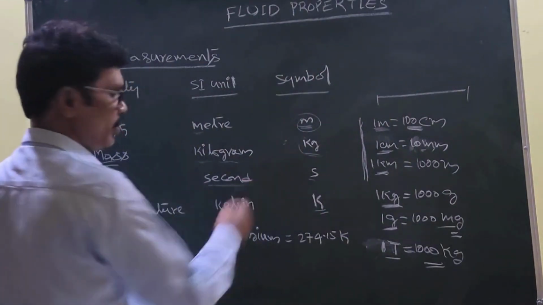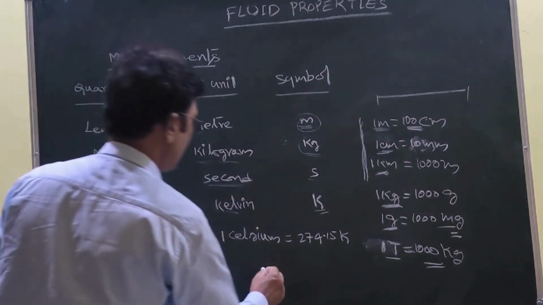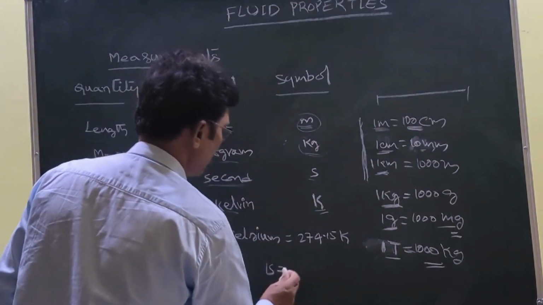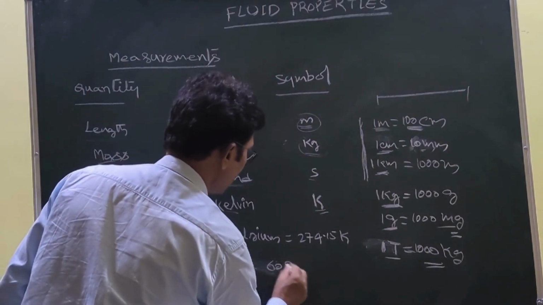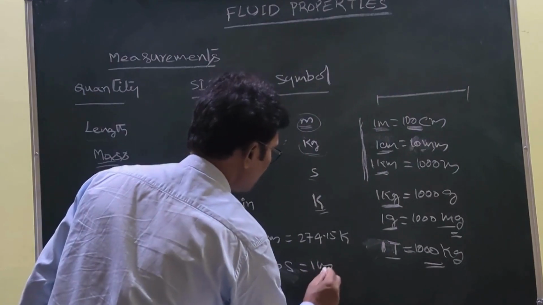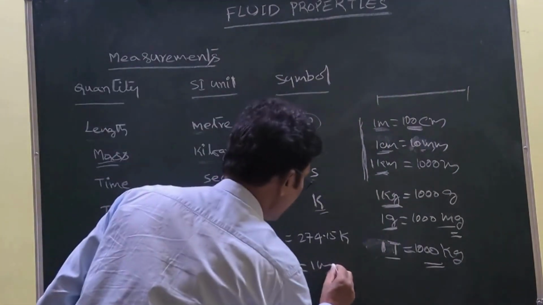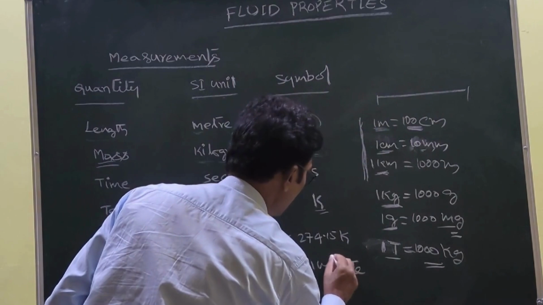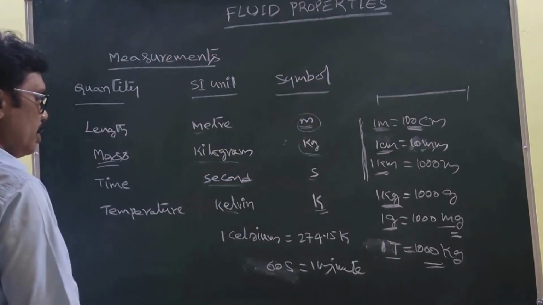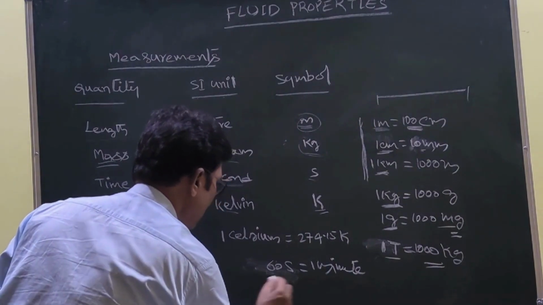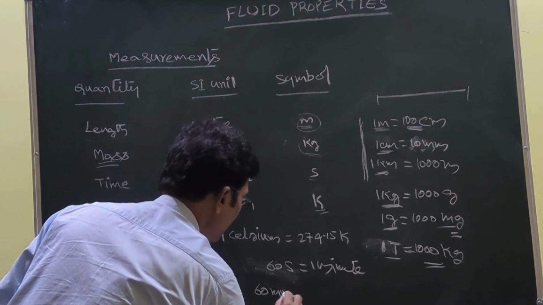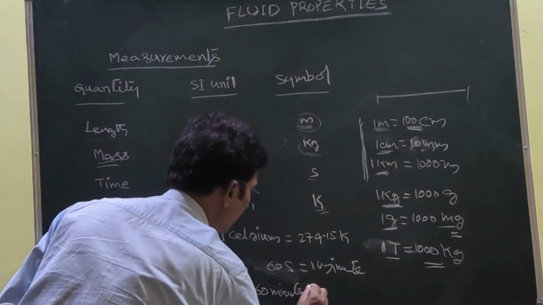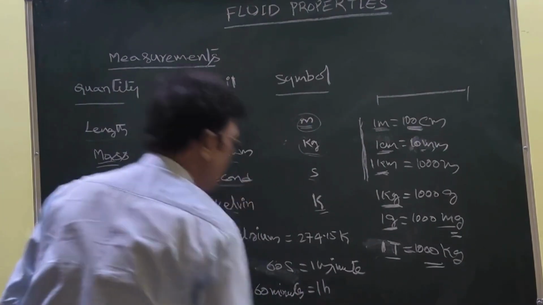Next, coming to time, the unit is the second. 60 seconds equal 1 minute, 60 minutes equal 1 hour.